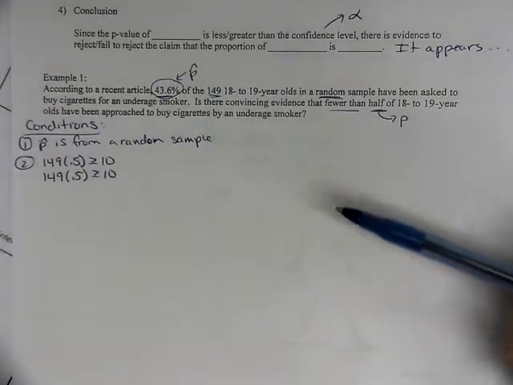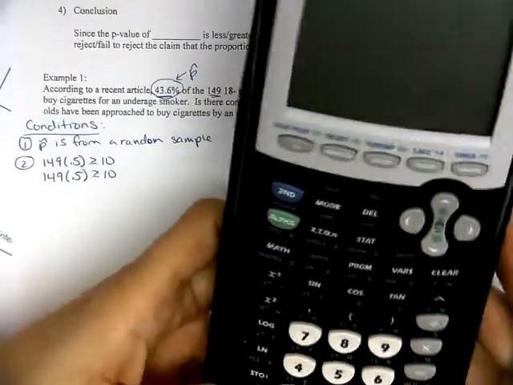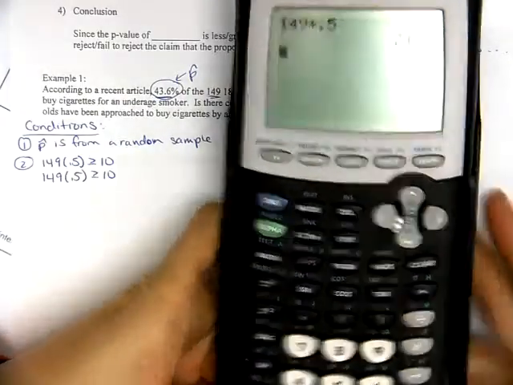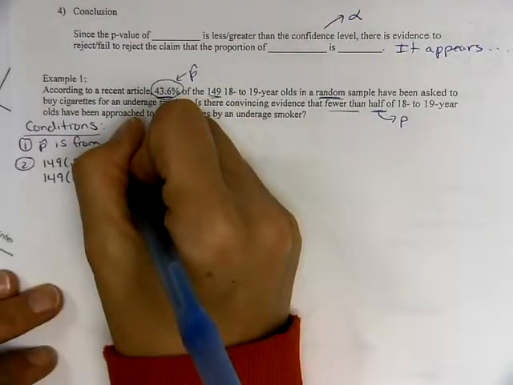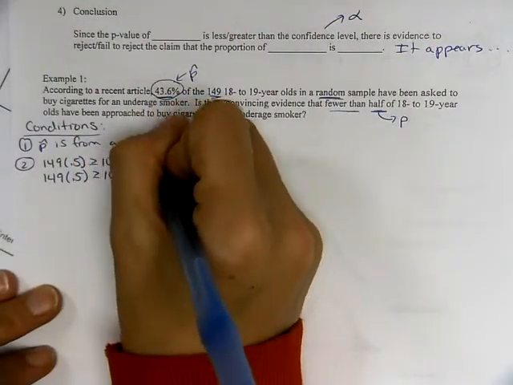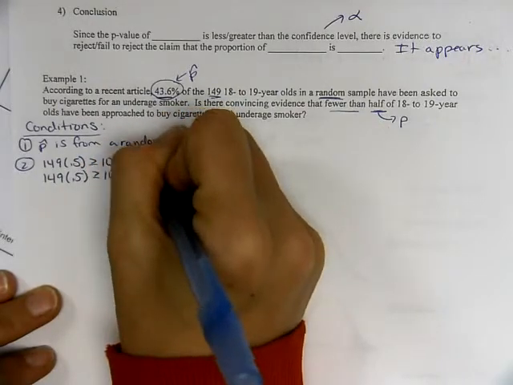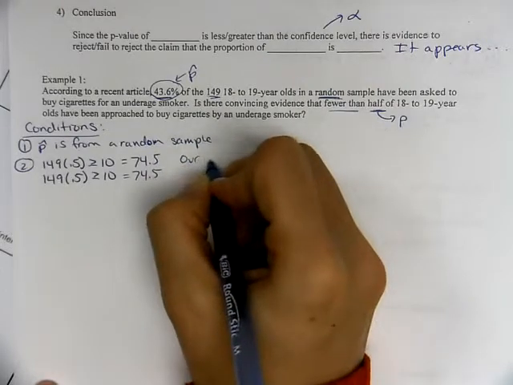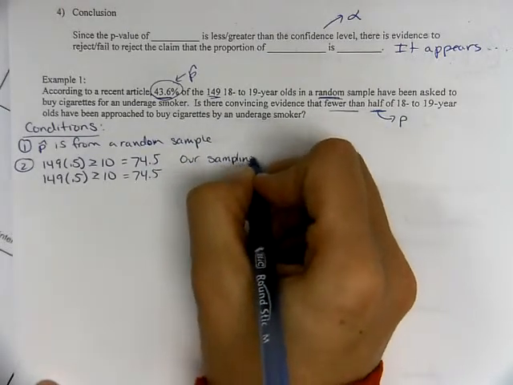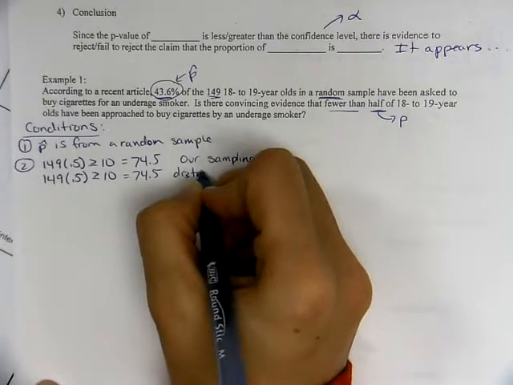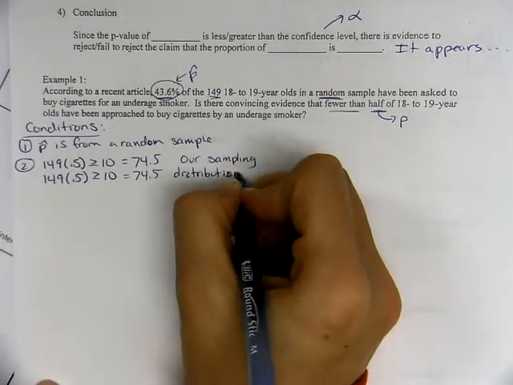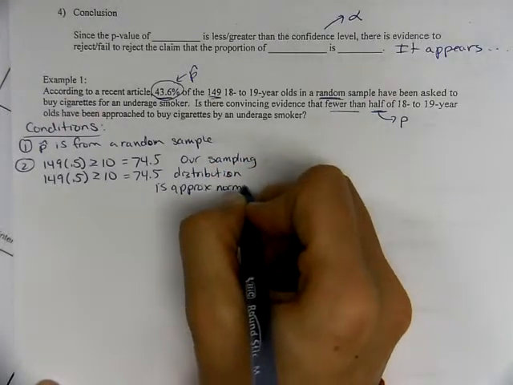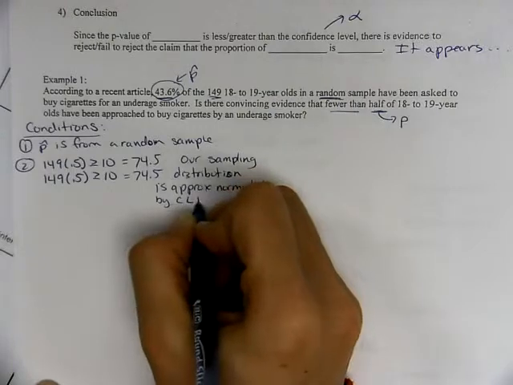I'm pretty sure that's greater than or equal to 10. Those are both greater than or equal to 10. So then we can say our sampling distribution is approximately normal by the central limit theorem.